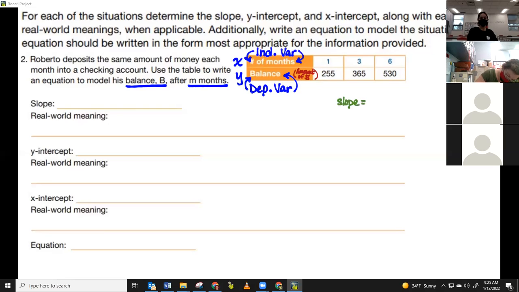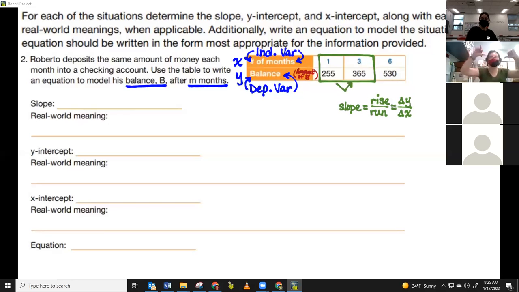Slope is rise over run, or the other way that we've talked about that is the change in the y values divided by the change in the x values. So if I look at just 2 points at a time, like if I look at just these two, I need how much the y's, the bottom, are changing first. So to go from 255 to 365, did it get bigger or smaller?